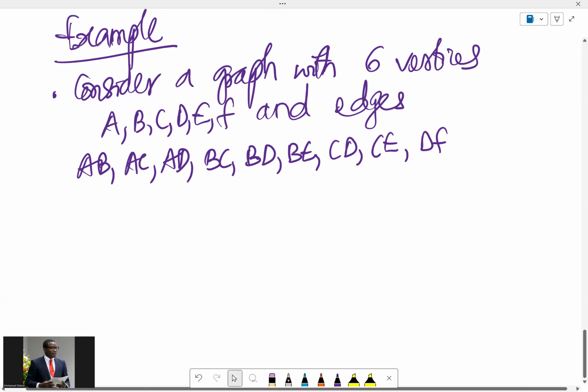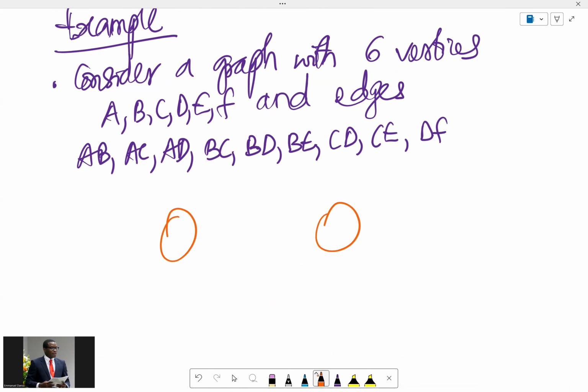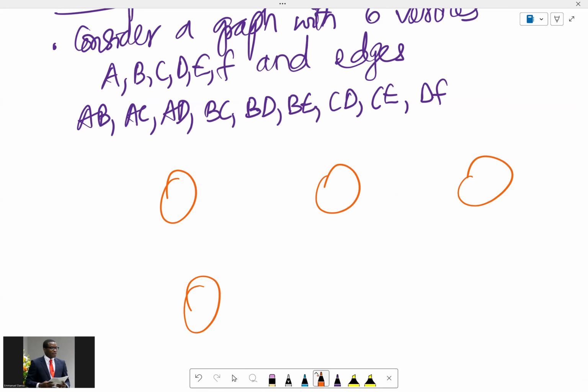Now, I think this is best visualized. Let's try to visualize that. What's the best way to connect this? A, B, C, D, E, F. And what are the edges?